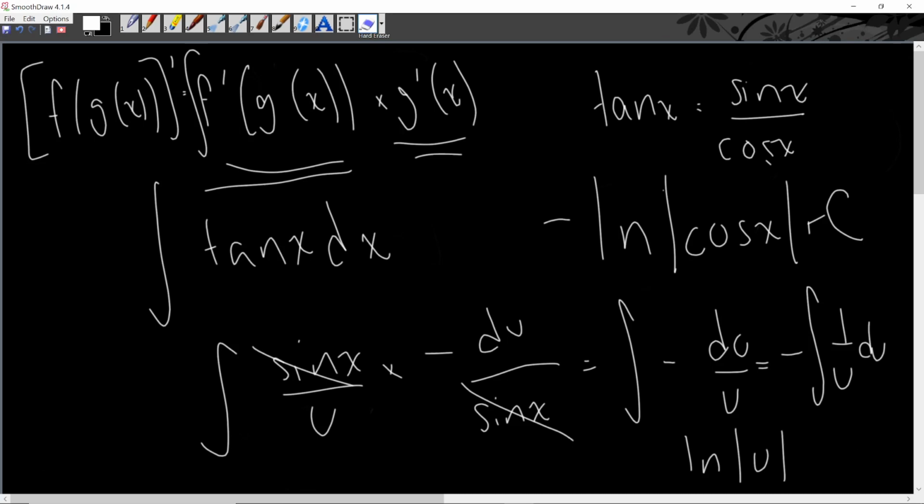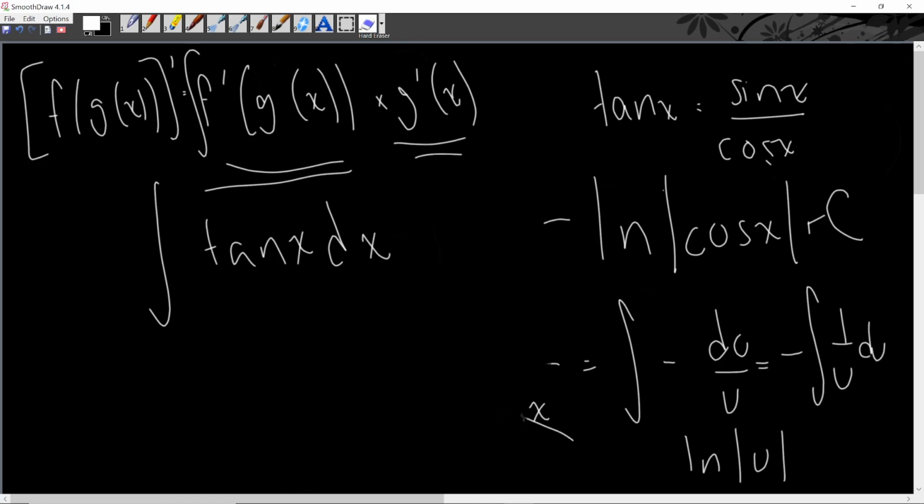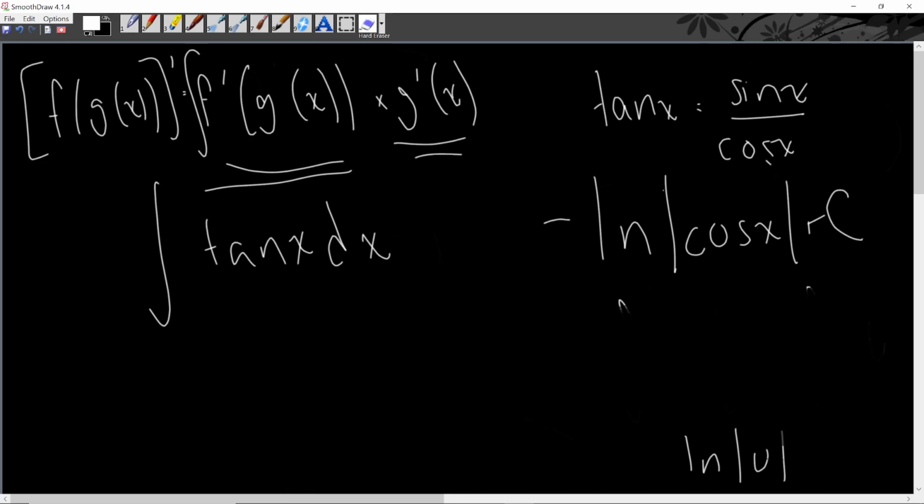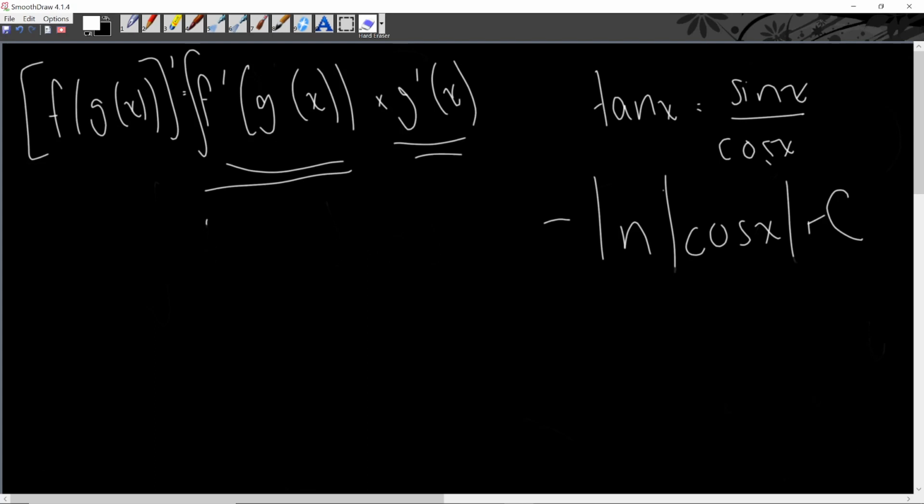So what did u sub do in that situation? I kind of just said what we were doing, but I didn't really explain what u sub is doing. U sub is when you come up with some arbitrary function. We acknowledge that the integral is supposed to be the antiderivative of some derivative, so we have to assume that if we see a function inside of a function, there is chain rule happening.